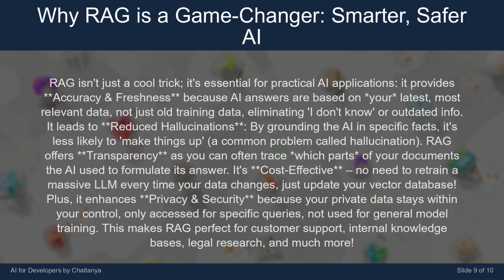By grounding the AI in specific facts, it's less likely to make things up, a common problem called hallucination. RAG offers transparency as you can often trace which parts of your documents the AI used to formulate its answer. It's cost-effective, no need to retrain a massive LLM every time your data changes.